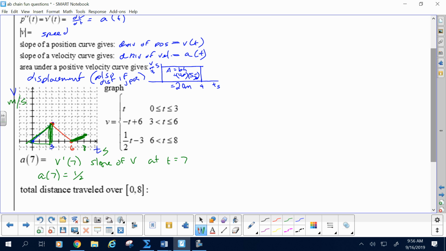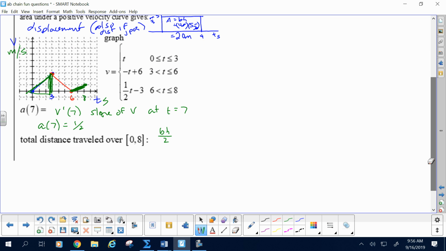So how much area in the first triangle? 9 over 2, okay? That is to say, in that first 3 seconds, he went 4.5 units. From time 3 to time 6, he was still moving, but slowing down the whole time.